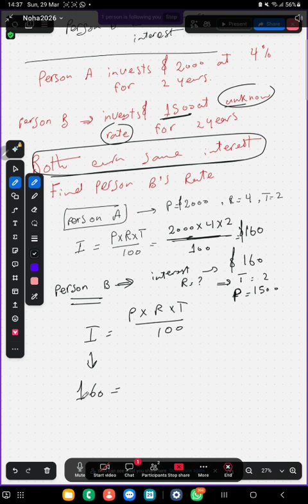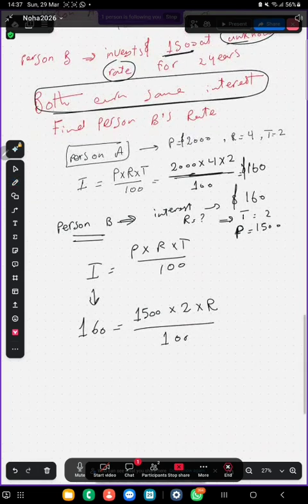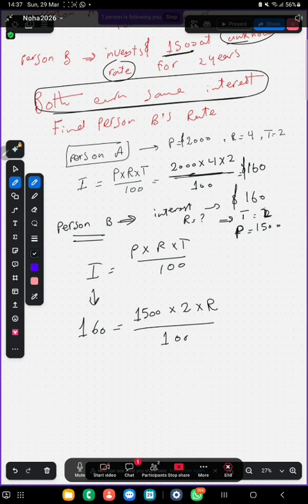So 160 equals 1,500 times 2 times R, which I don't know, over 100.